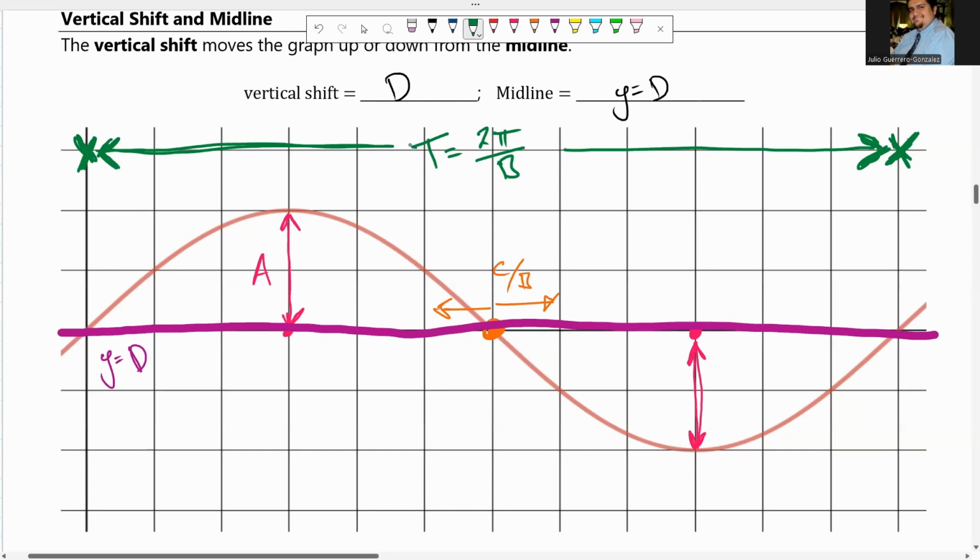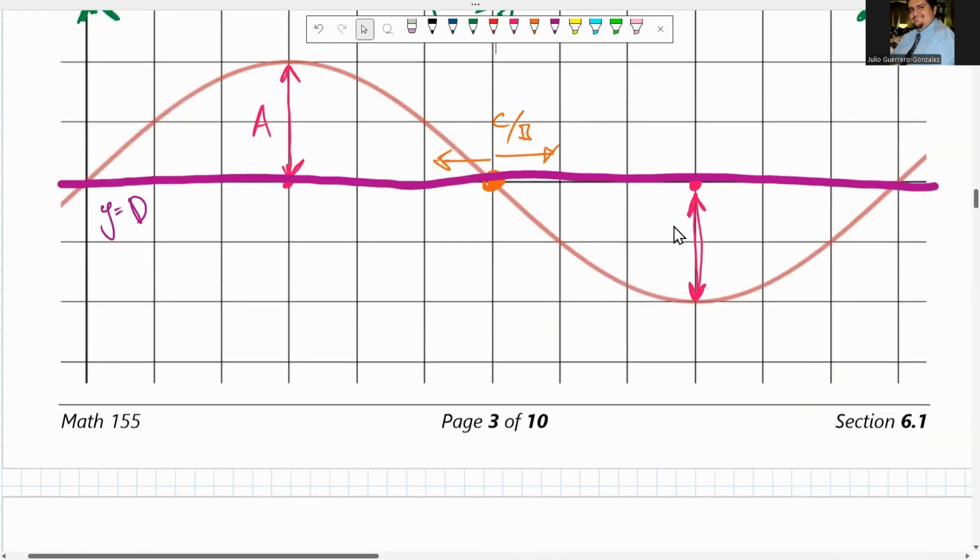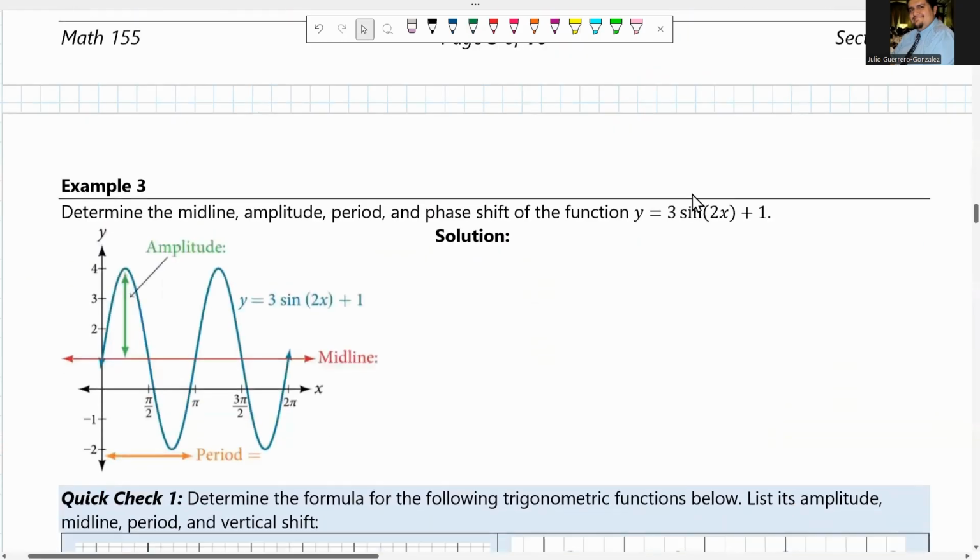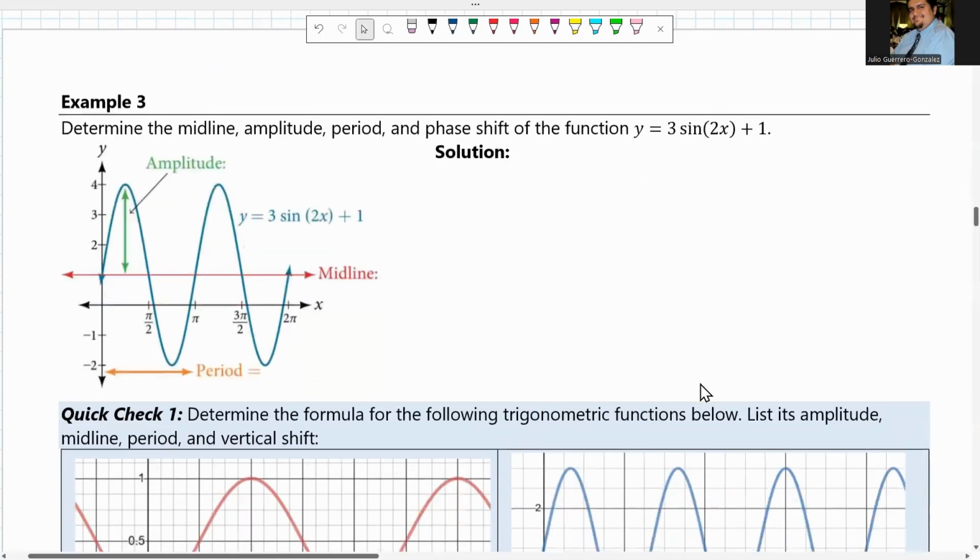That's all the parts for sine and cosine. I want to do an example. So hopefully you guys see this. Let me scroll it down a little bit more. So there we go. I know this is sort of going backwards, but like I said, for a lot of the class, we're going to have Desmos. We're going to be able to grab these functions and throw them into Desmos and get a representation for them pretty easy.